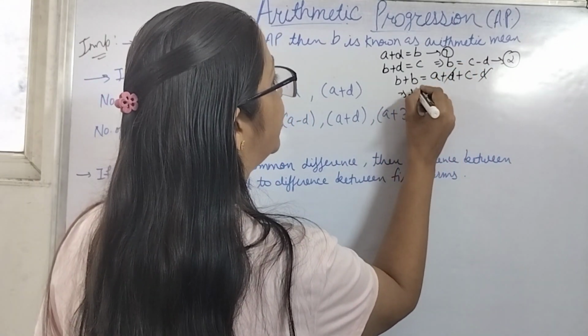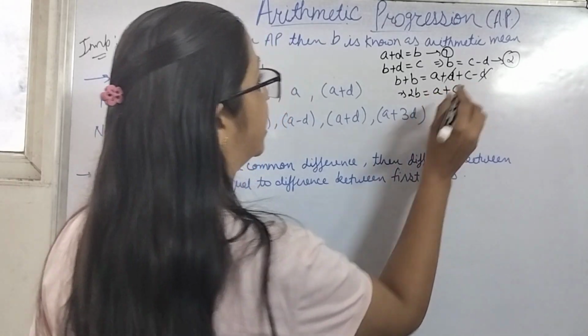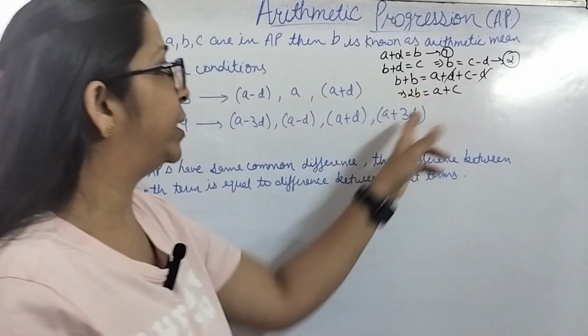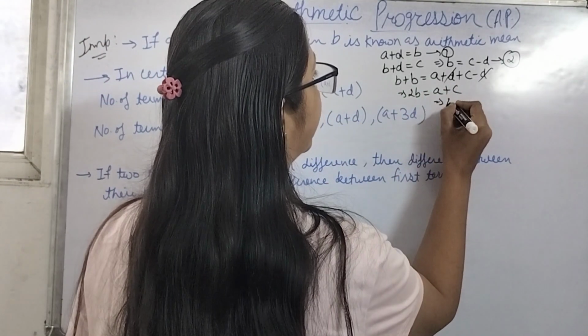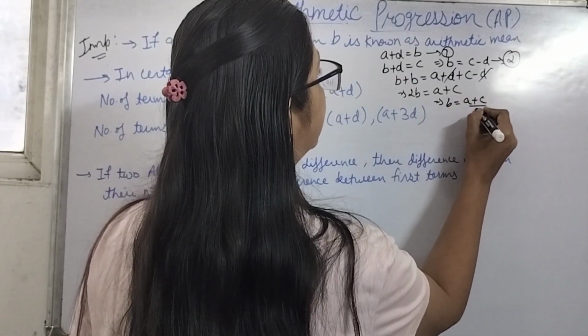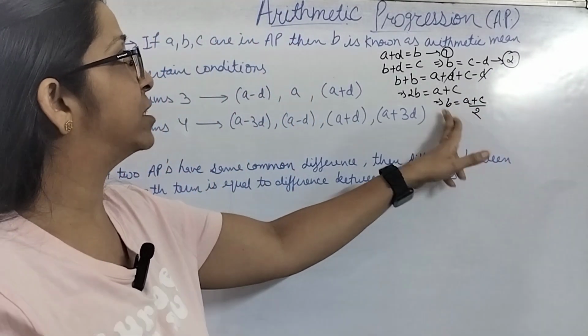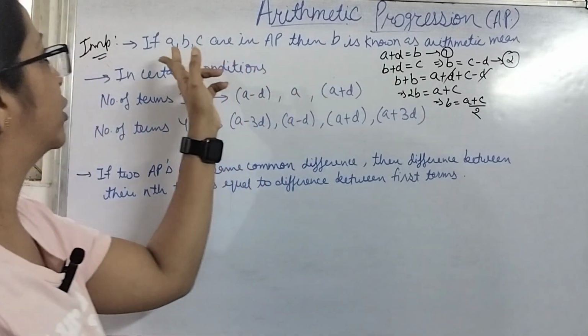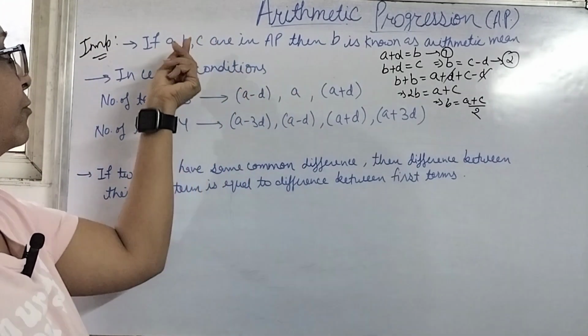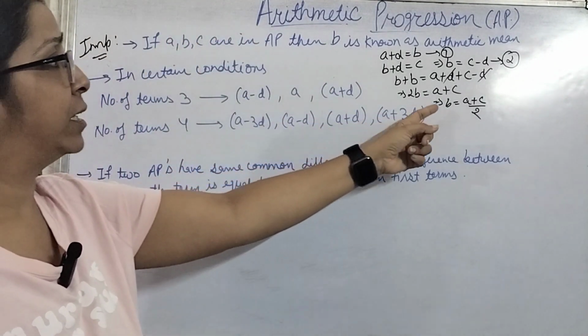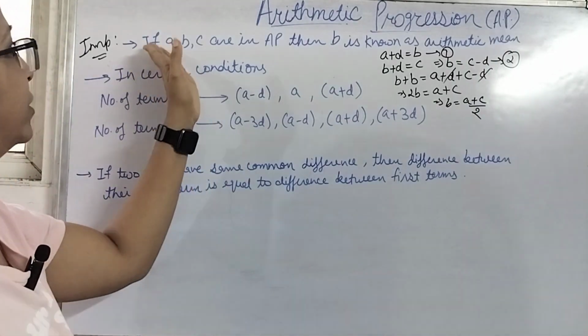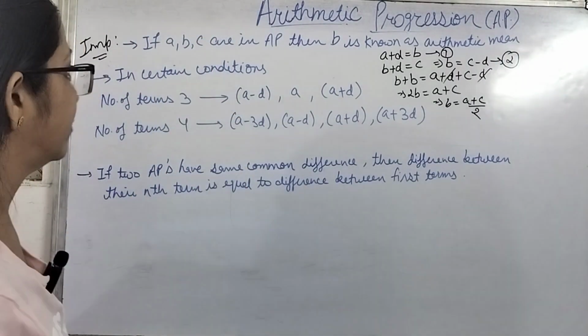It will be 2B equals A plus C. That means B could even be written as A plus C by 2. That's the reason B is known as the arithmetic mean of these two numbers. If it is a middle number, the middle number will be the arithmetic mean of the first and third number.